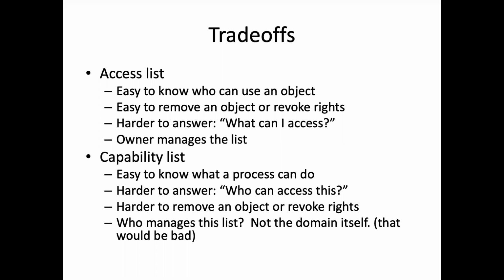Same thing for all the other representations. Since access lists store permissions with each object, all the OS has to do is look up whether or not the domain a process is running in has the access right it's trying to exercise.